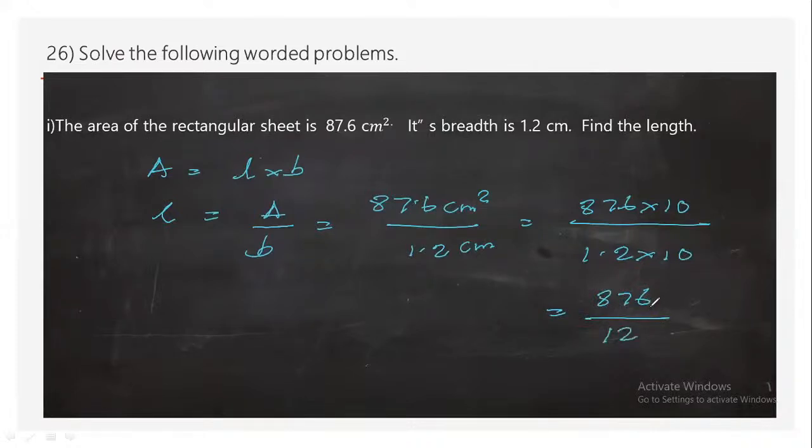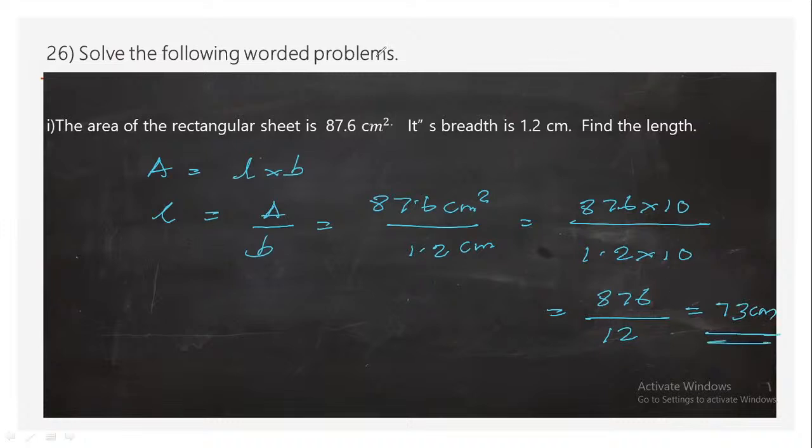The answer is 73. How many 12s are there in 87? There are 7. Then remaining 36, so the answer is 73 centimeters.